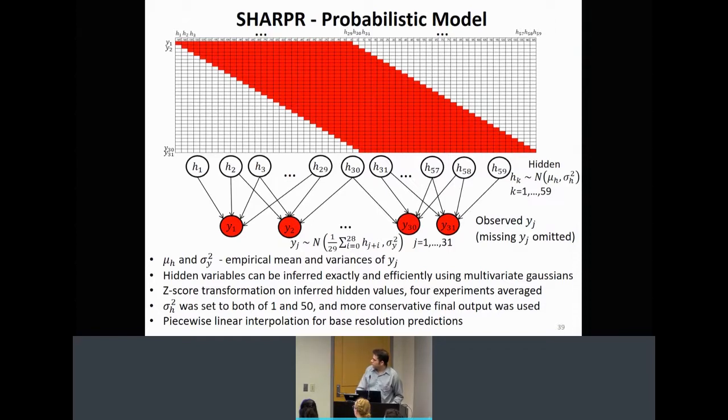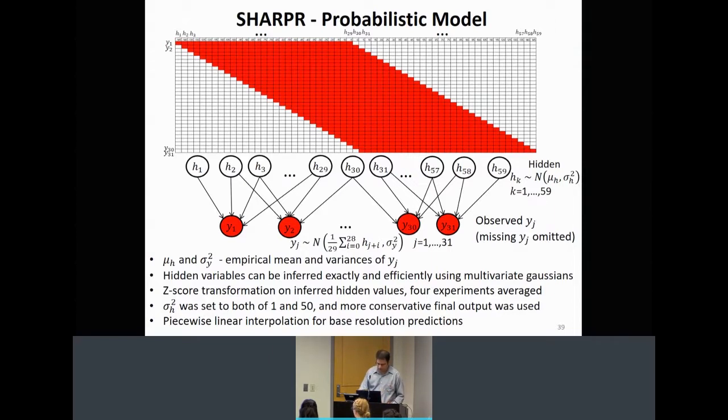And then we assume that the y's are normally distributed with their mean depending on the mean value of the incoming h variables that they overlap, and the variance set to the empirical variance of the observed data. For the h variables, we also have a normal prior, with a mean set to the empirical mean of the observed data, and we have one free variance parameter which controls the overall smoothness.